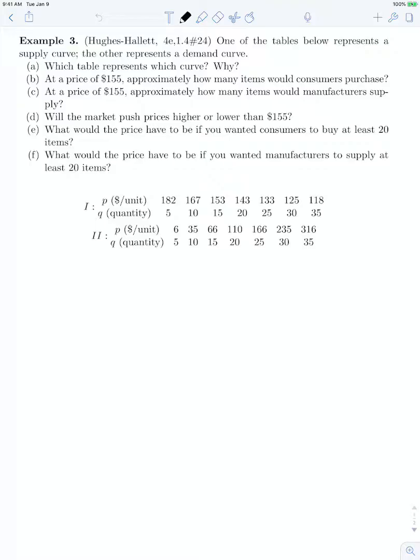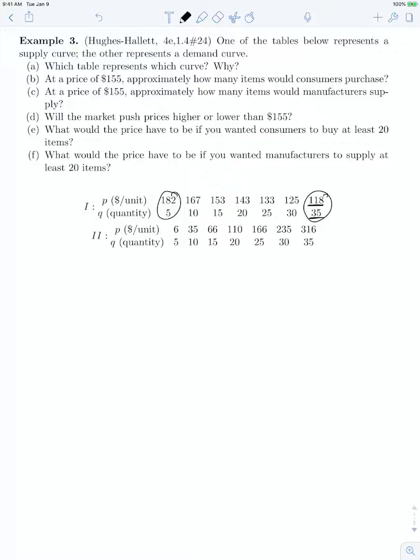So you should just be able to look at the beginning and the end of each of these tables. For table 1, when the price is 182, the quantity is 5. And when the price goes down to 118, the quantity goes up to 35.